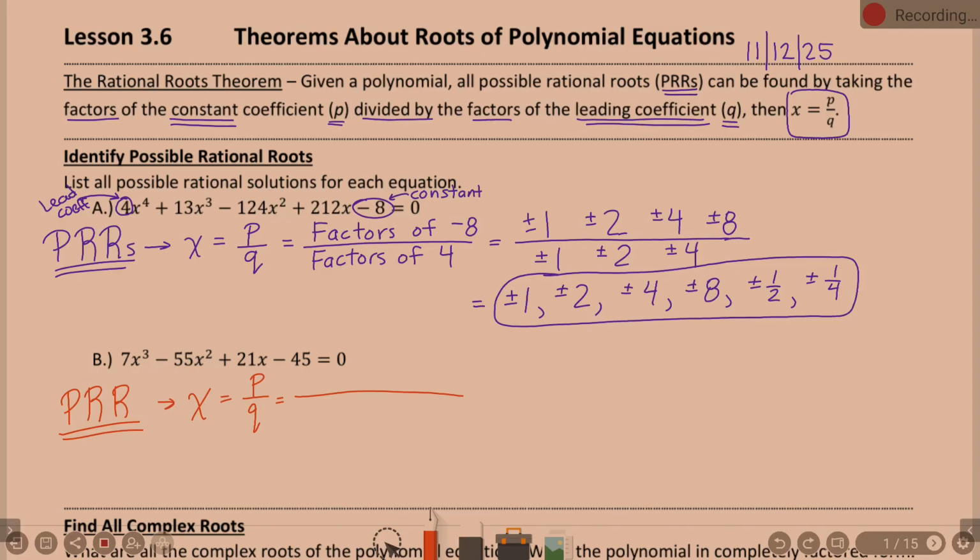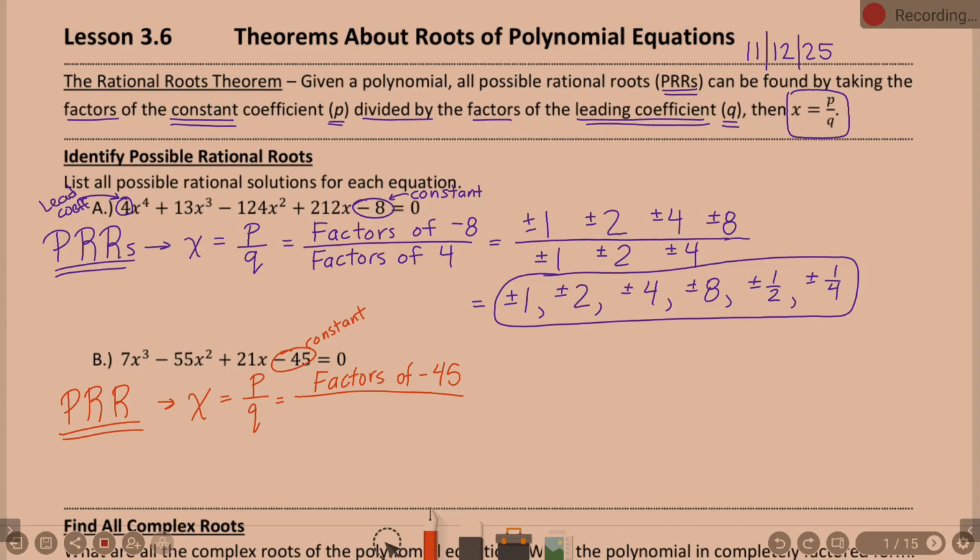Okay. Factors of the constant, which is right here. So factors of negative 45. And it's not even that the negative is that important. It's mostly important that you get the 45.